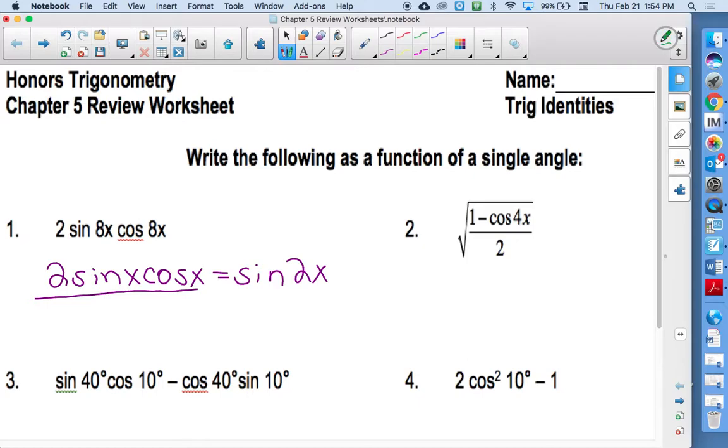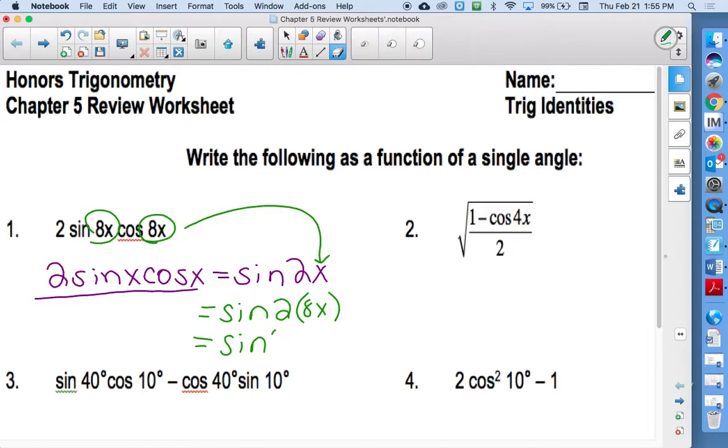Whatever your angle is, and in this case that's 8x, that's replacing the angle in the formula. So you're really taking the sine of 2 times the angle of 8x, and you're doubling that, hence the double angle formula, and you get the sine of 16x. That is written as a single angle.